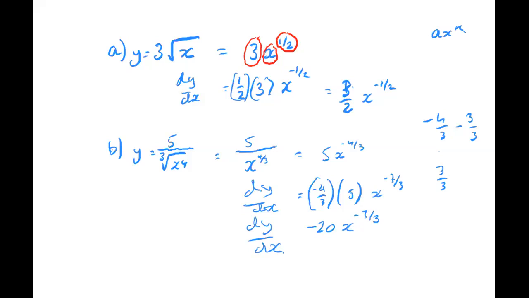Then we can apply the ax to the n rule from the table. So we bring the -4/3 down, multiply it by 5, take 1 off the index. Here we've got -4/3. We want to take away a whole one, so that's take away 3/3, leaves us -7/3. Then multiplying out, we end up with -20 x to the -7/3.